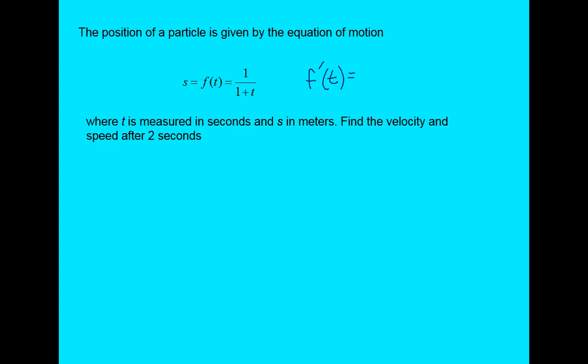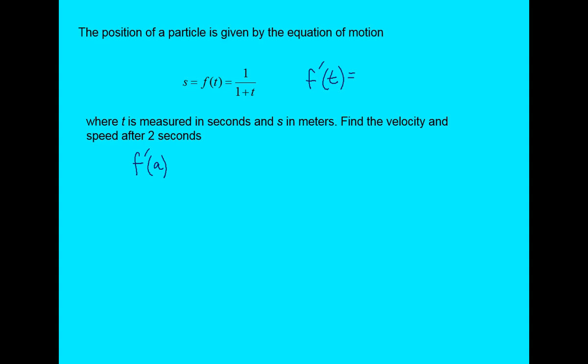And since we're trying to find the velocity at 2 seconds, we're going to need to calculate this derivative, f prime of t. And we're going to use a again, so it would be f prime of a. We're going to go ahead and leave it as a and then plug 2 seconds in at the very end.